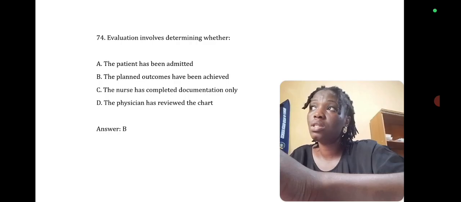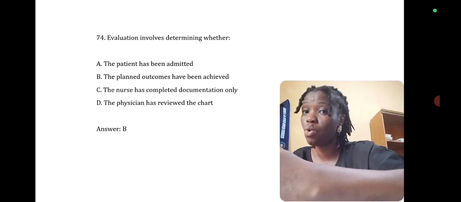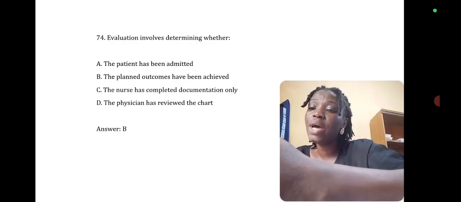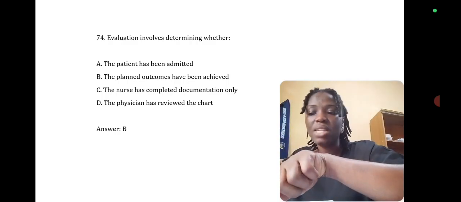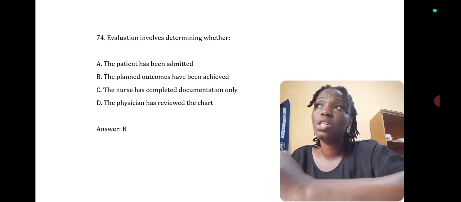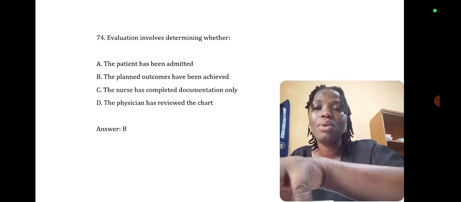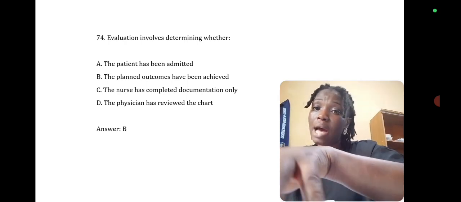Sometimes after evaluation, you can evaluate and then you've not achieved your goal. But if you evaluate and your goal has not been achieved, you go back. Let's say patient is having high temperature. Then after tepid sponging, giving of drugs, etc., you now evaluate, you recheck again and the temperature is still same or even higher.